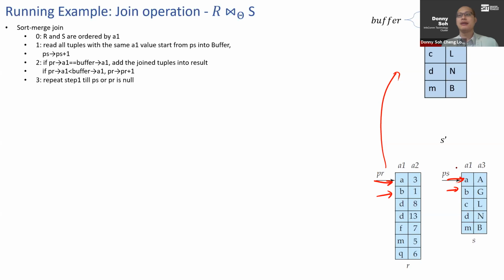So A comes, then A, then B and B, and C and D. So actually this is just a simple sort merge operation, very similar to the merge sort algorithm. So I won't go into detail on this.